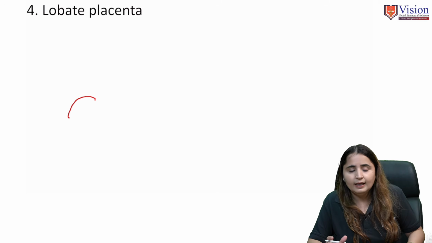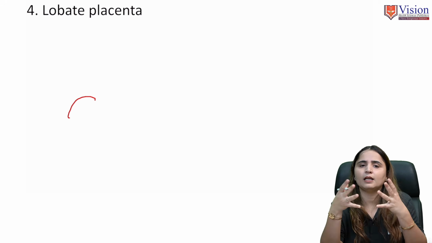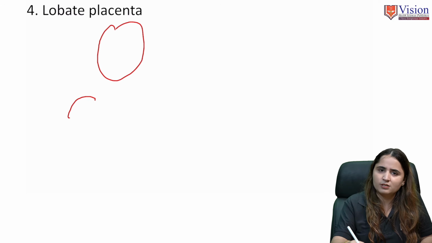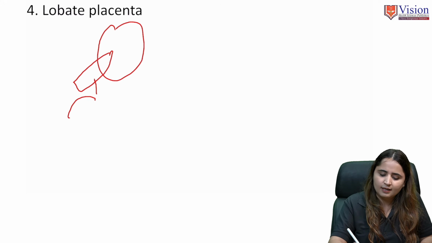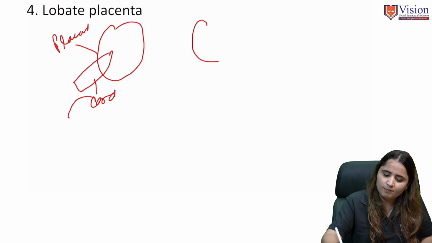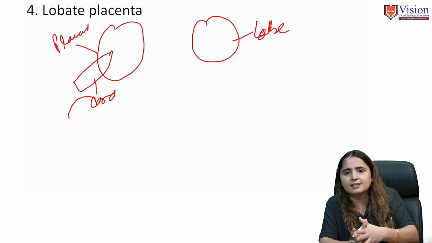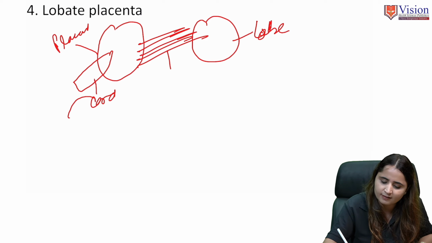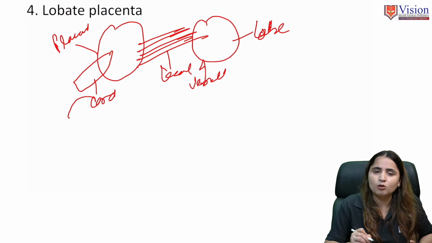Then is the lobate placenta. In some conditions, suppose this is a placenta and this is the umbilical cord, and there is an accessory lobe present here, and this accessory lobe is connected to the placenta by a leash of vessels. So what is a lobate placenta?